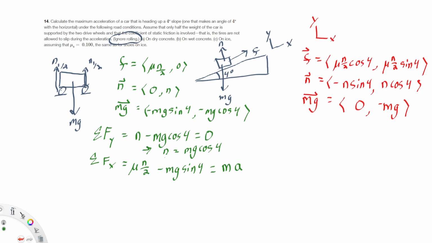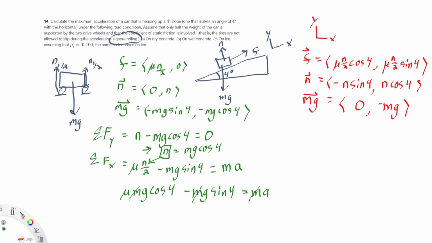And also, I want to take this expression for n that we got from the y direction, plug it in here. So actually, that cancels out all the m's.